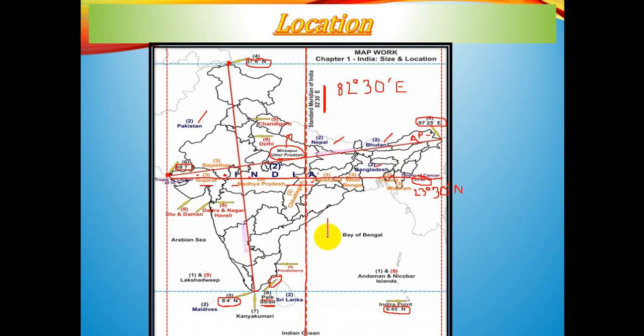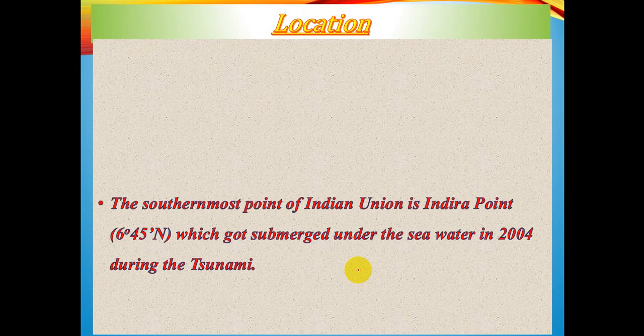So hopefully the entire latitudinal and longitudinal extent, the standard meridian, and the Indian Union and Indian mainland are clear from this map. Now next we'll proceed to the next topic of the location.